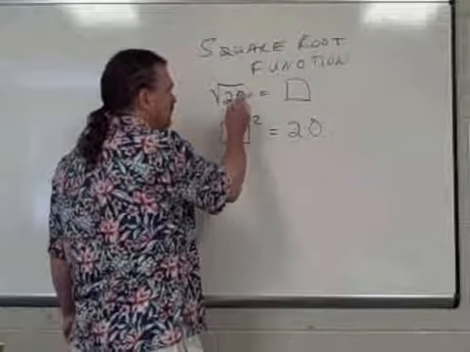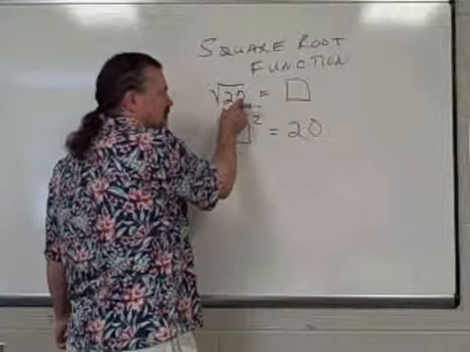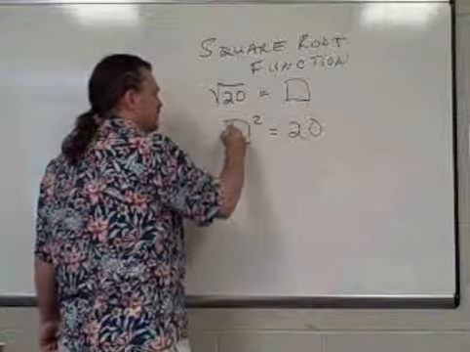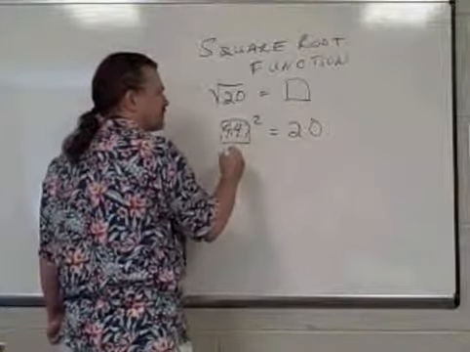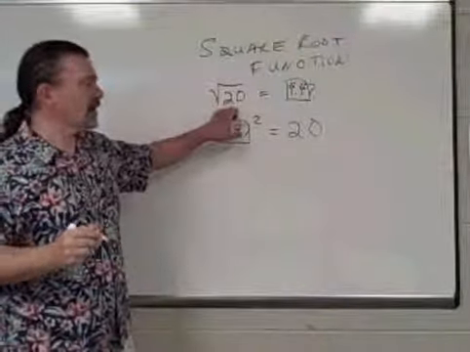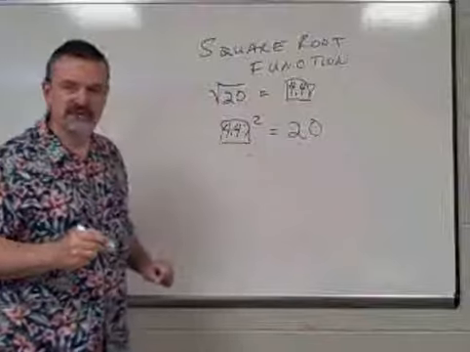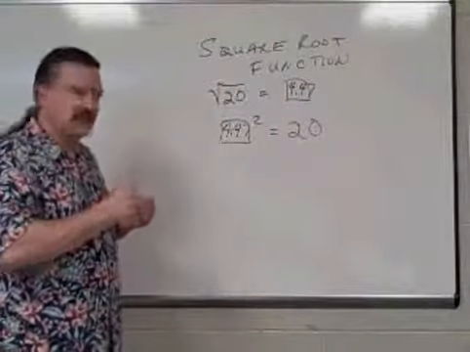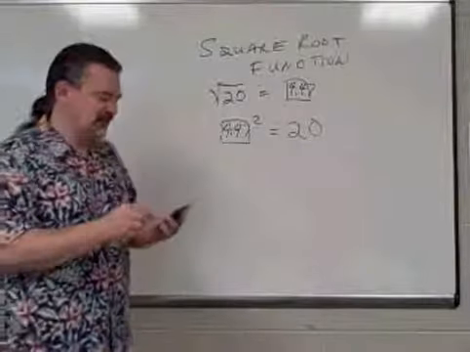So the answer, what number can we square that gives us 20? An approximate answer to that is 4.47. So the square root of 20 is 4 and 47 hundredths rounded to the nearest hundredth. Now let's see how good of an approximation that is.